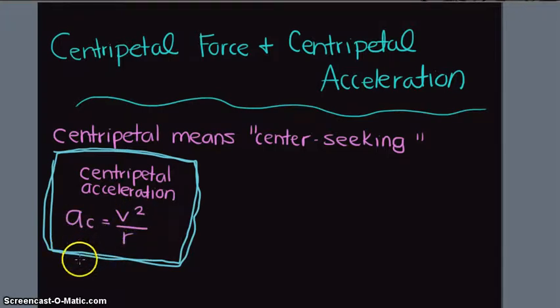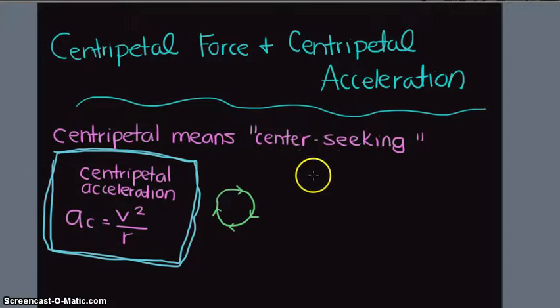Now, if we have some object that is moving in a circle, let's say in this direction, then we know that the velocity is constantly changing. Thinking about what we know about acceleration, there must be some net force causing this acceleration.